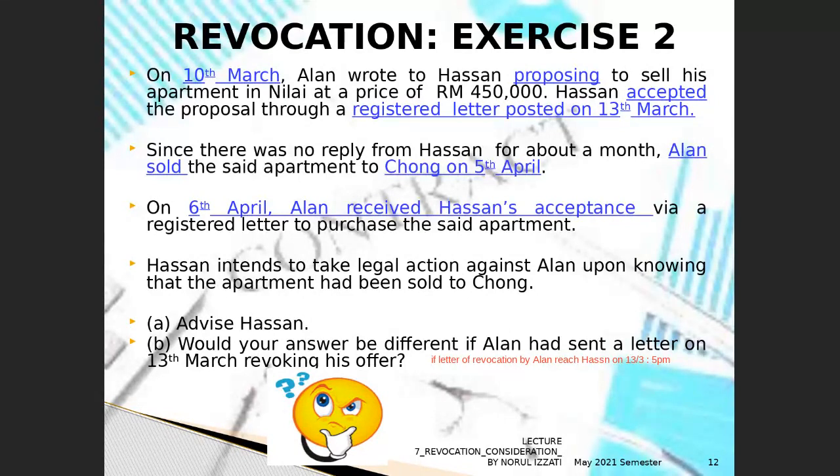So in this case, the letter of revocation reached Hassan on 13th of March, 5 p.m.